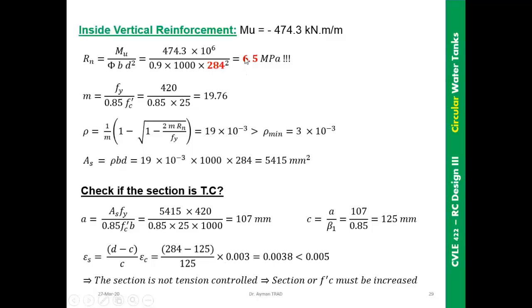It means that when Rn is greater than 6, the section is likely over reinforced and not tension controlled. So in this case we have to increase the section, or we can increase the material grade, regarding f prime c or even fy.